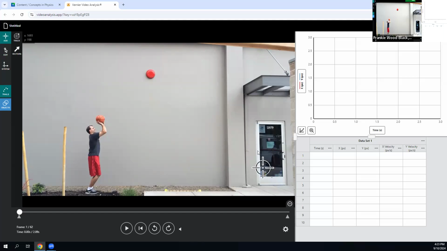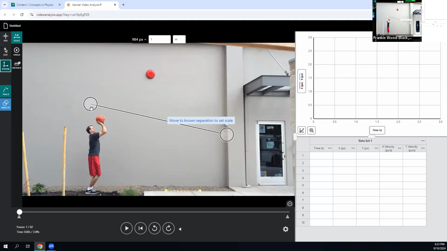In this picture, I really don't have anything other than my door. And I can use this, and I can put in a ruler here. And I can use that straight line as a known distance. Because basically all I've got up at the top, it says my units are in pixels, which are the little dots that make up the image that I have.